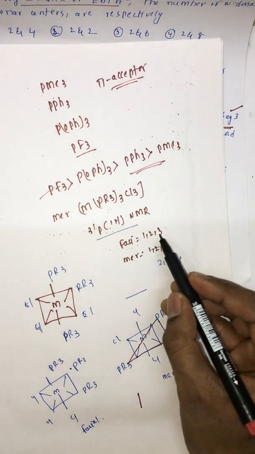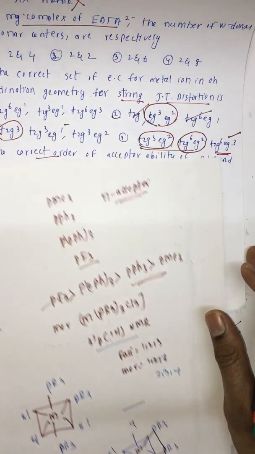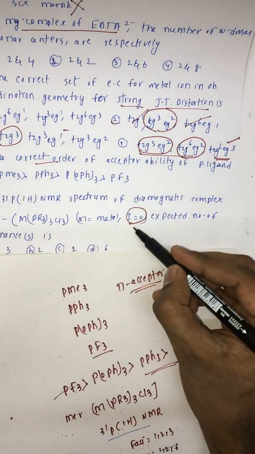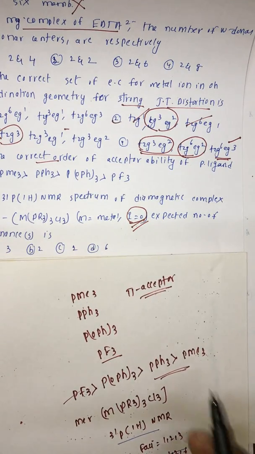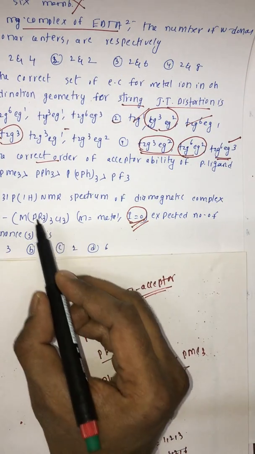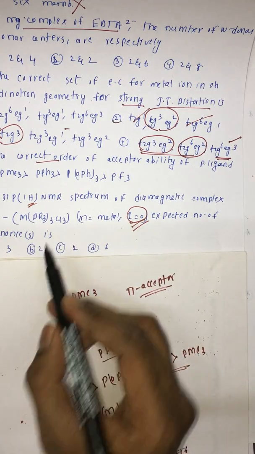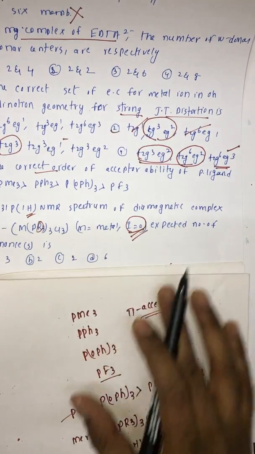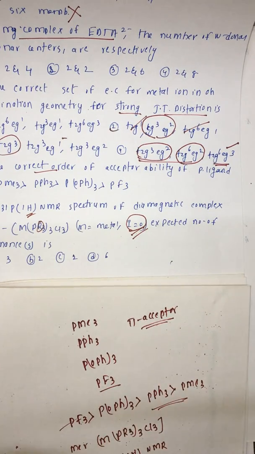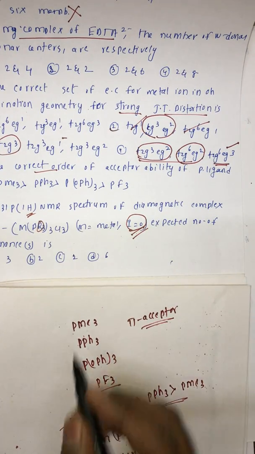Now in the question they have mentioned that the spin of the metal is 0, so there is no coupling with the metal. And they have asked about 1H decoupling, and they did not mention what the R group is here. So we are not sure what the R group is. So we will get only one line here, I think.